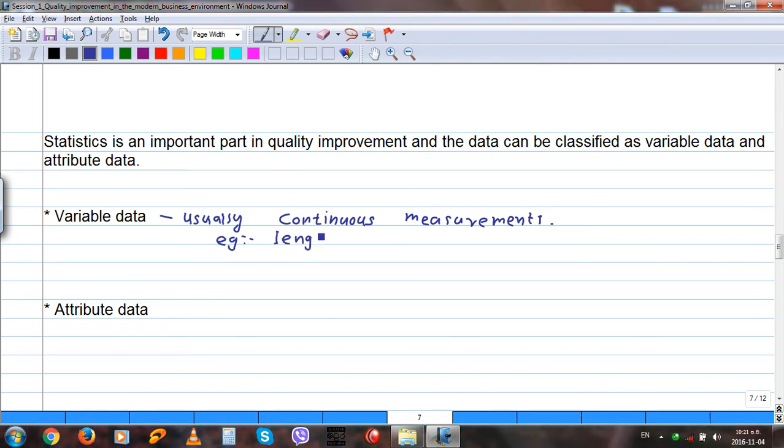Examples you can take are length, then voltage, then weight. Those are the types of variable data.